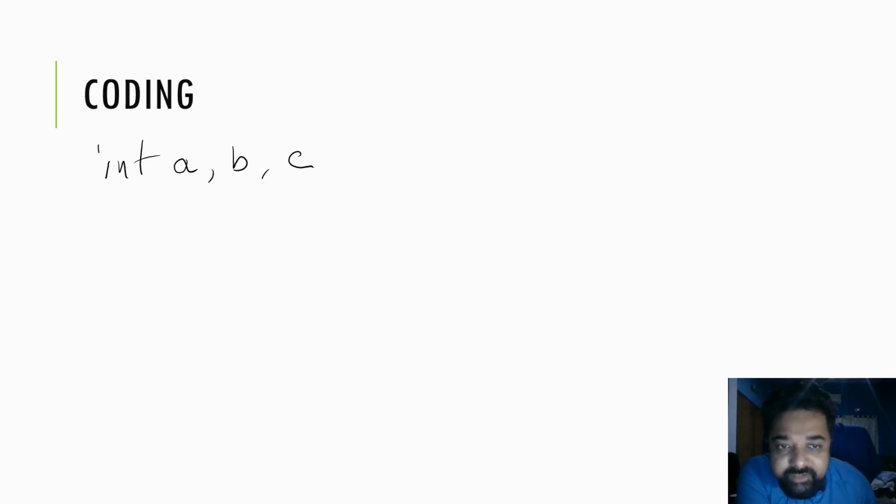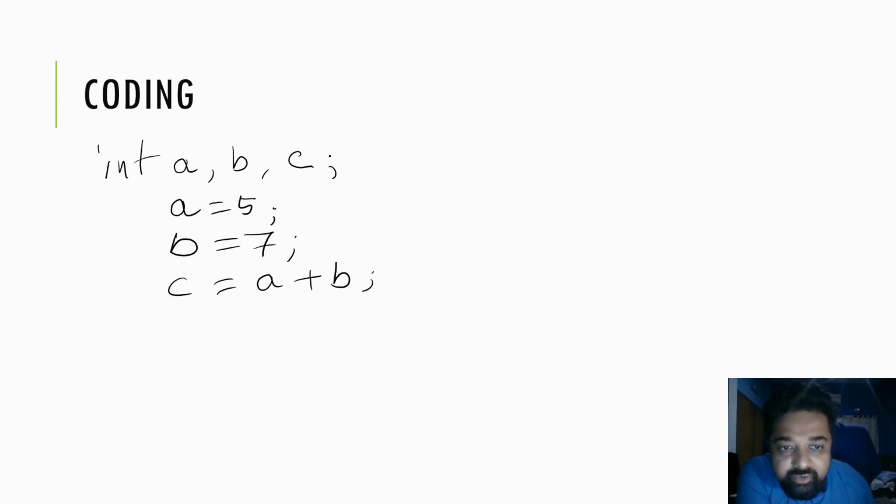Then you have to assign values like a is equal to 5, semicolon, b is equal to 7, then c is equal to a plus b, semicolon.